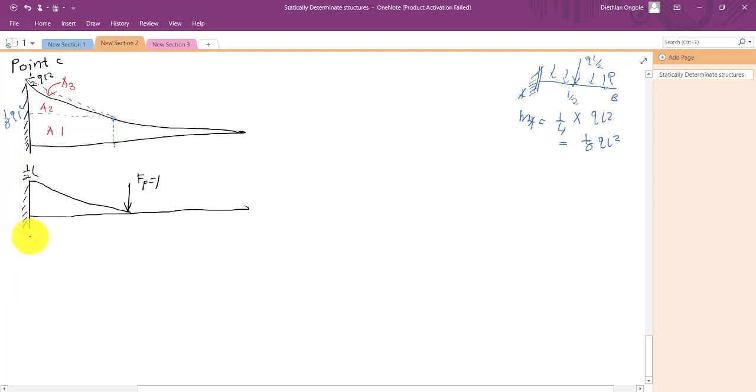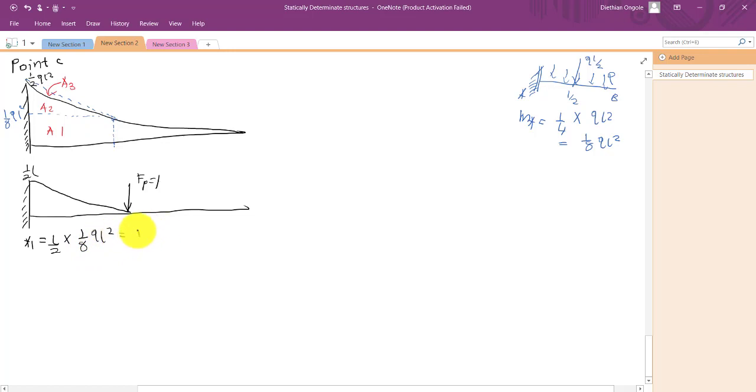So beginning with our area 1, we know that our area would be given by the length times the height. Our length is given by L over 2, then times our height. Our height is 1 over 8 QL squared.